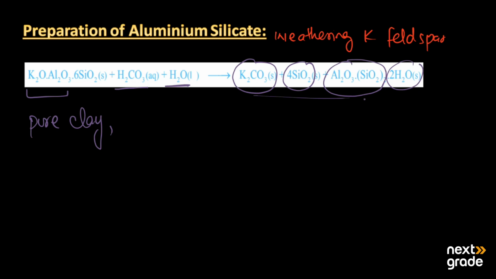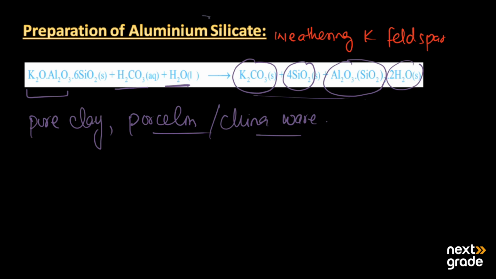This is also known as the kaolin and it is used for the manufacturing of the porcelain products as well as the china wares. So this is a simple preparation of the aluminium silicate from the weathering of the potassium feldspar.